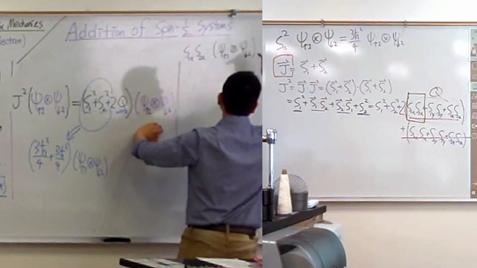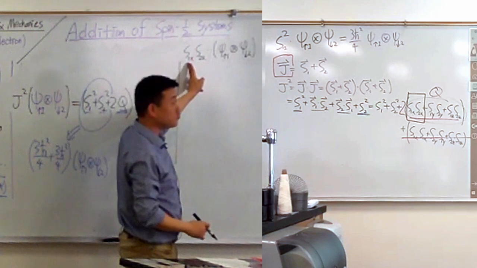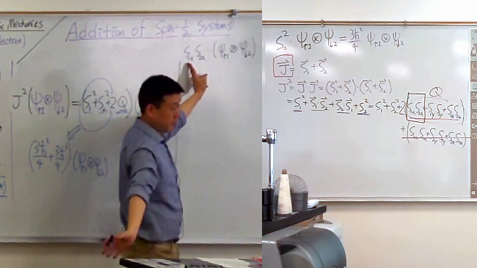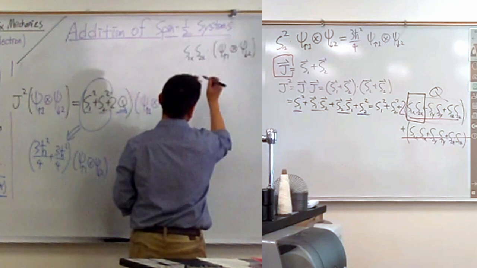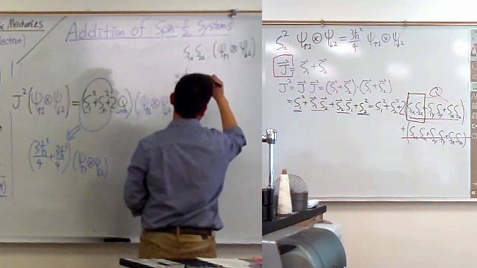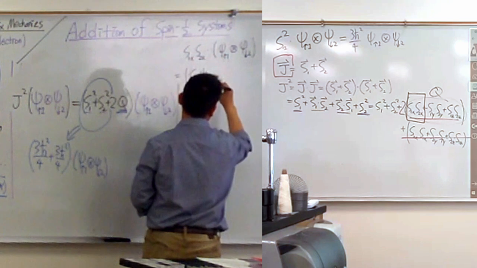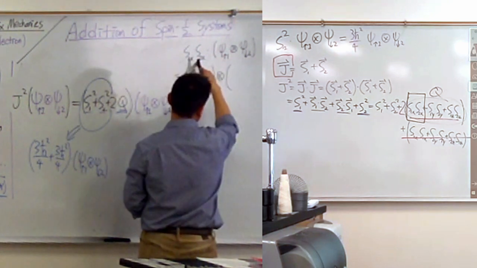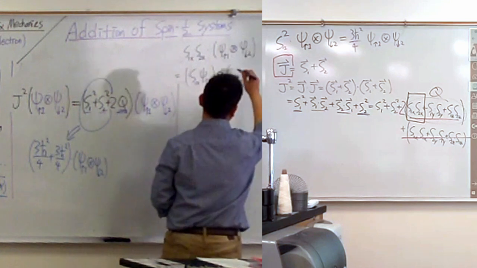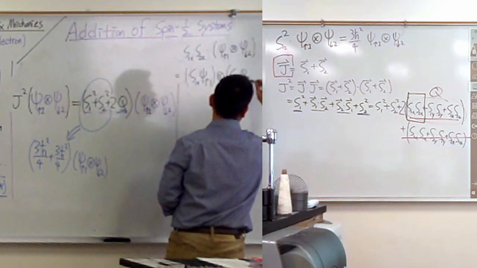It looks a lot cleaner if I attach the operator to the states they are actually able to act on. So I'm going to write it out this way: S1x acting on psi spin up 1, product space with S2x acting on psi spin down 2.